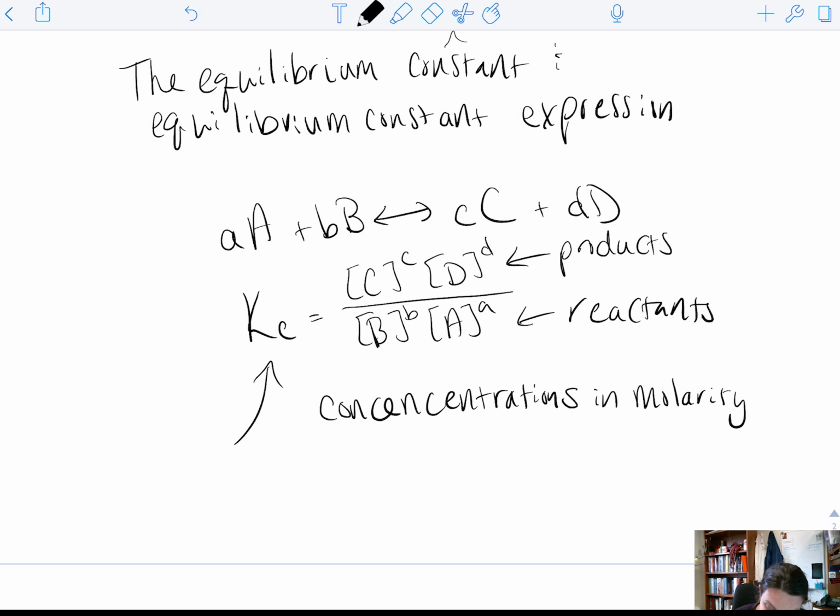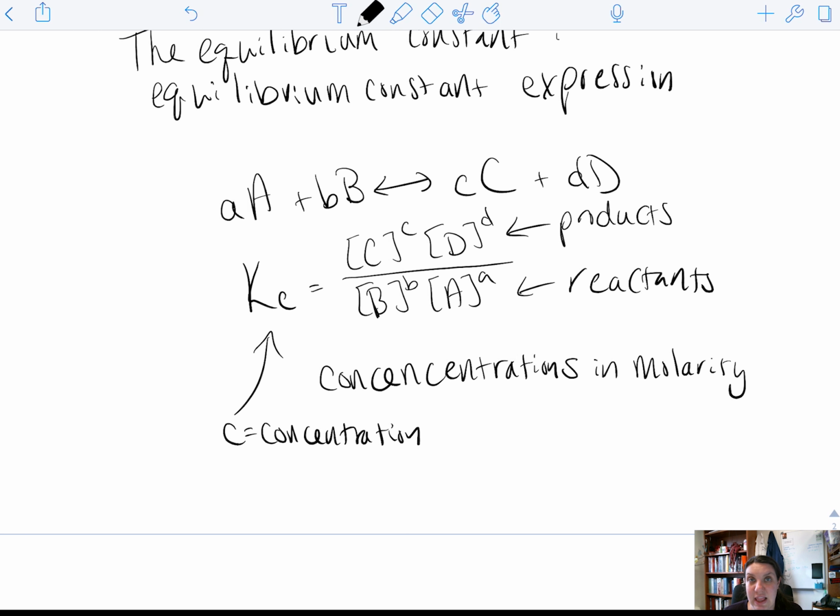And this Kc, this equilibrium constant, if it's a c, it's talking about concentration. Now, note, unlike our rate law, this does not depend on our reaction mechanism. It only depends on the stoichiometry.